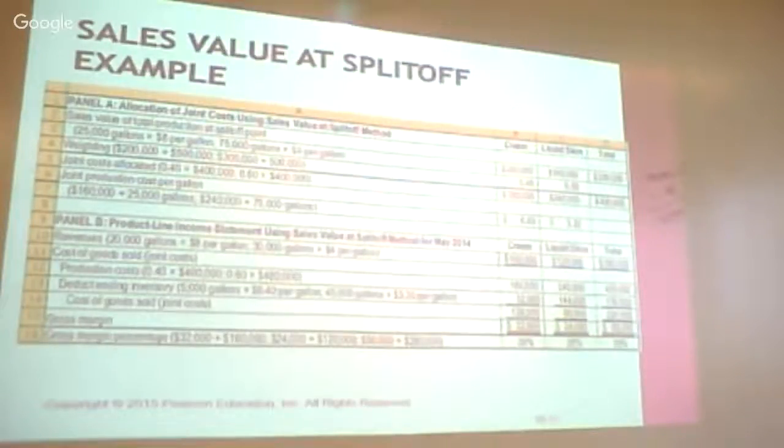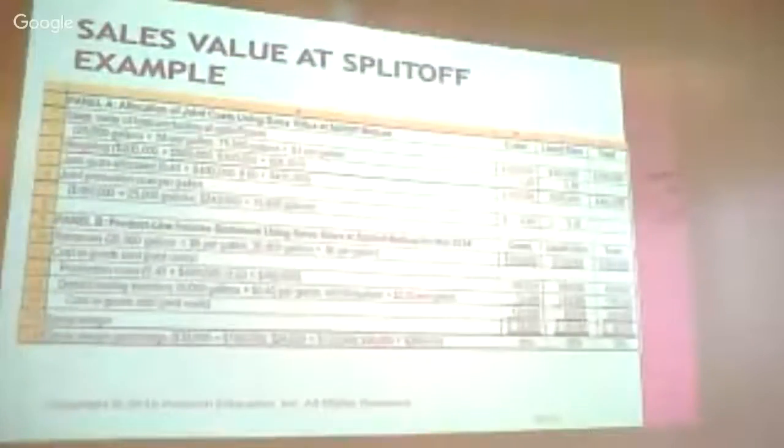Okay. So now, that's the allocation of joint costs. That's in the top part. So in the bottom part, we have the product line income statement using sales value at split-off method. Okay? So how do we do that? Well, how much did I sell of each? The 20 and the 30. Okay, that was given at the very beginning.